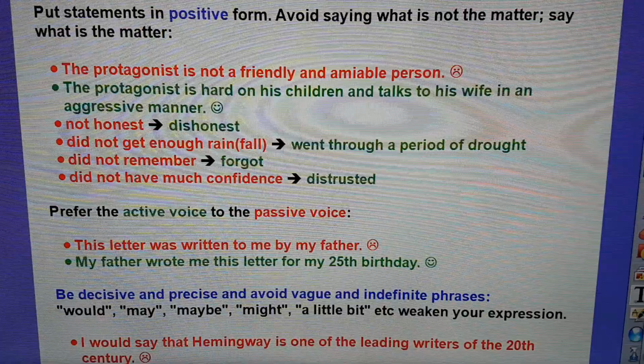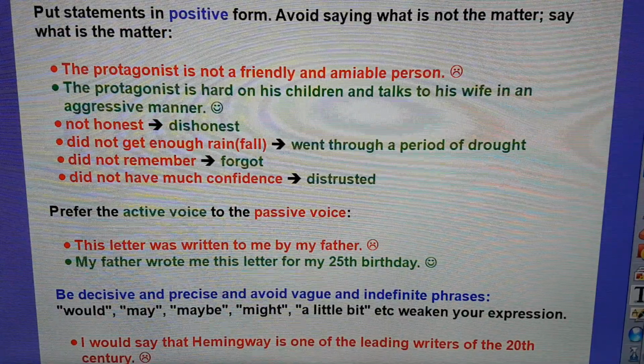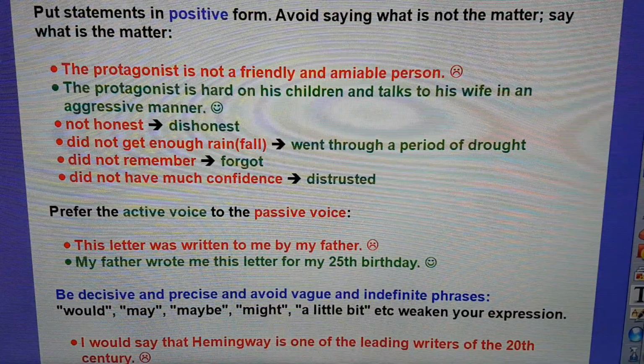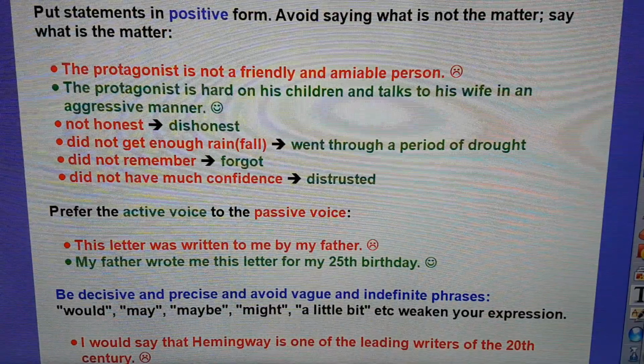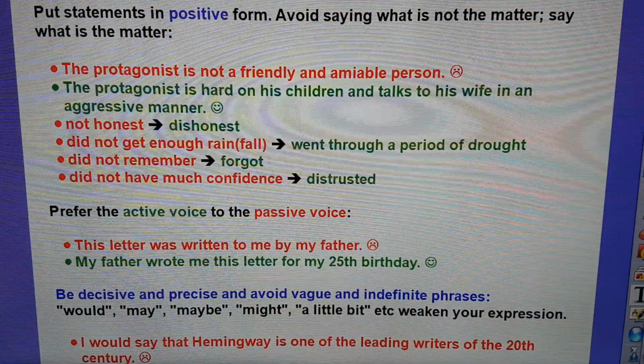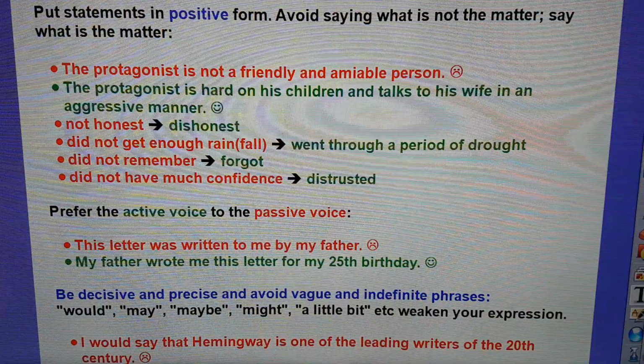And that is what is most interesting. Of course, as a reader, you want to know, well, what does he do to make him appear unfriendly and, let's say, disgusting or repulsive or whatever.